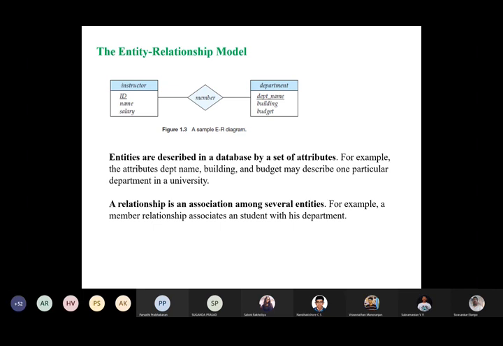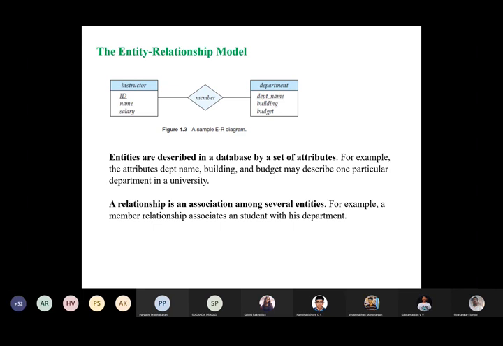The underline sign on an attribute indicates that it's a primary key, right? So instructor ID is the primary key. A collection of entities of the same type is known as an entity set, right? So whenever we have an instructor entity set, it means it's a collection of entities of the same type.